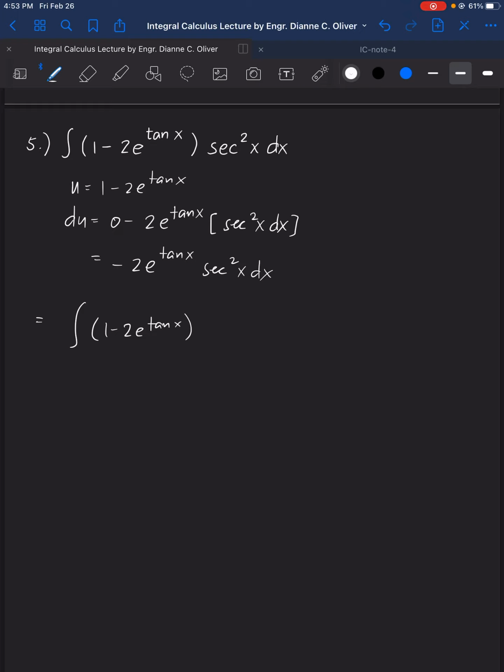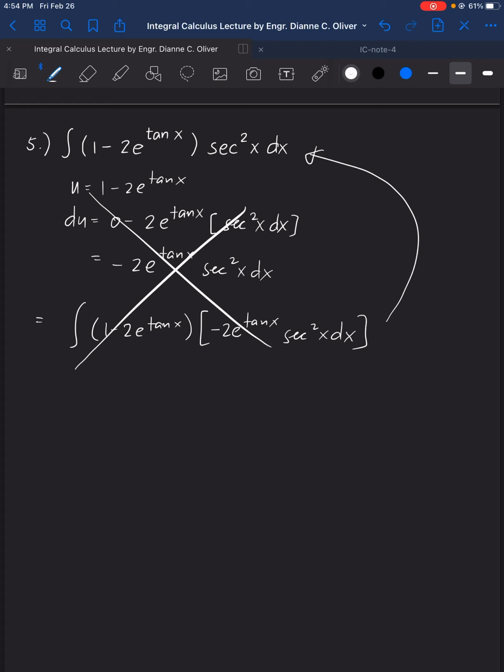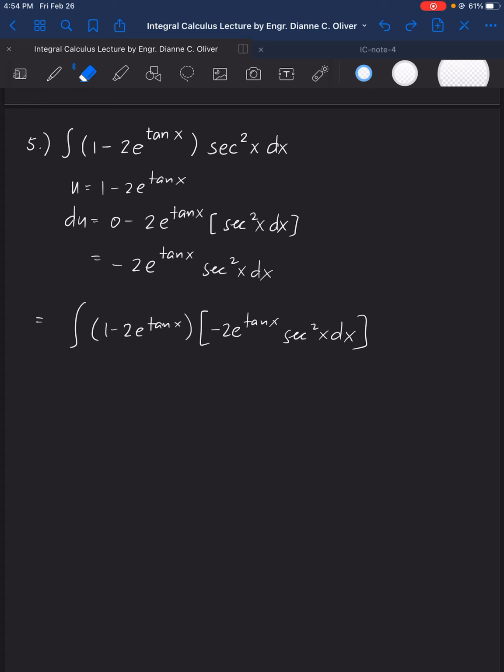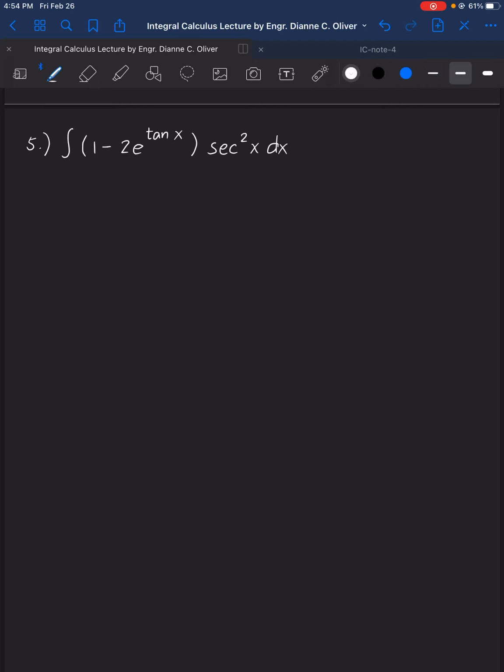Then we have the du, negative 2e raised to tangent x secant squared x dx. So this is not similar with the given. Therefore, this is wrong. You cannot use the power formula. So instead, let's try to look for another way of solving this.